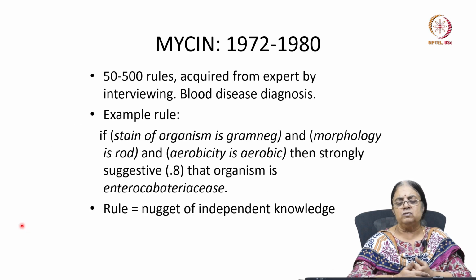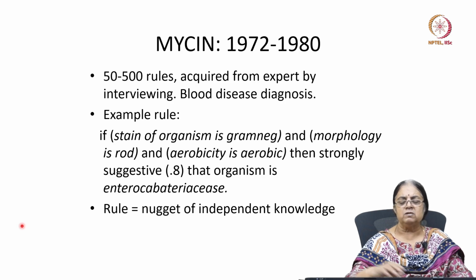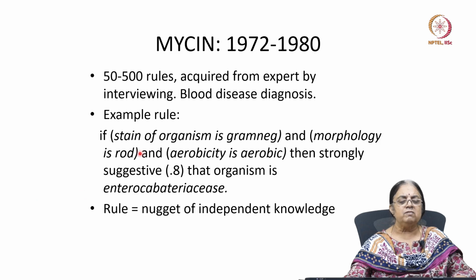Now we come to one type of expert system, which is the Mycin. I'm talking about the Mycin because it's just an example of an expert system which was used. There were about 500 rules acquired from experts by interviewing, for blood disease diagnosis.